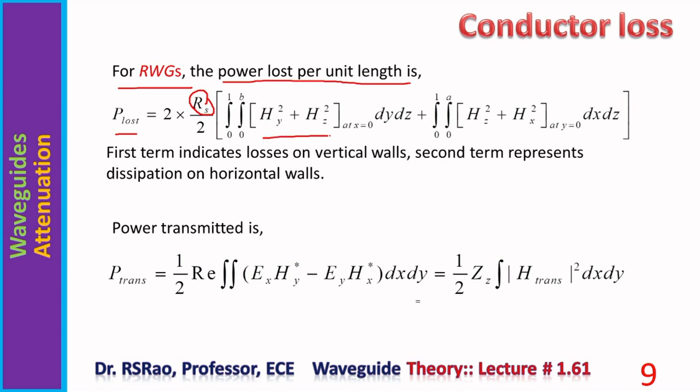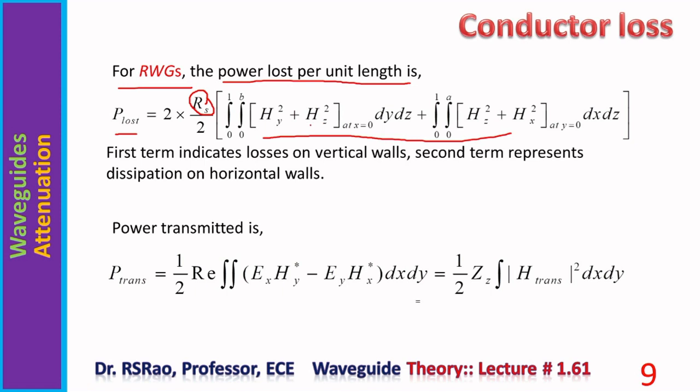Here current must appear, but listen carefully. We are dealing with distributed parameter elements, distributed parameter circuits or devices. So current density comes into being, but current density and magnetic field, these two are related.